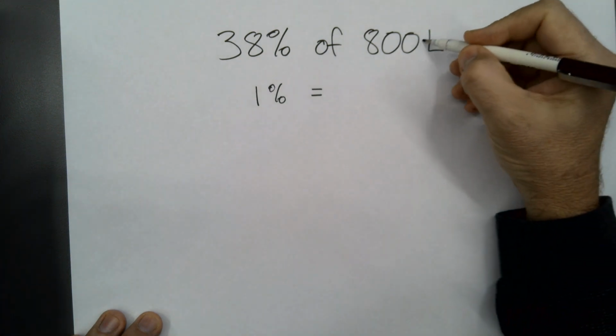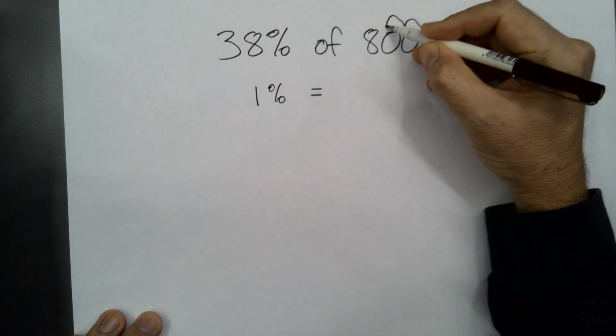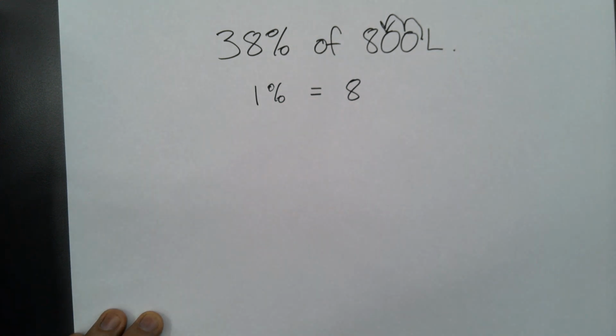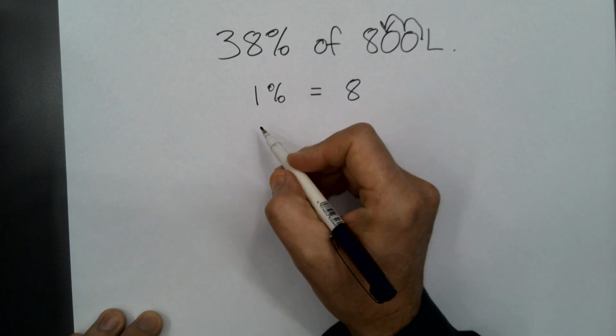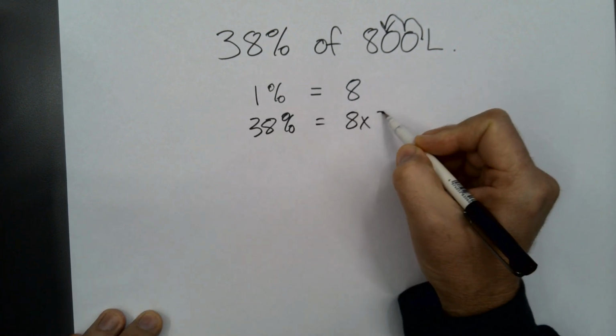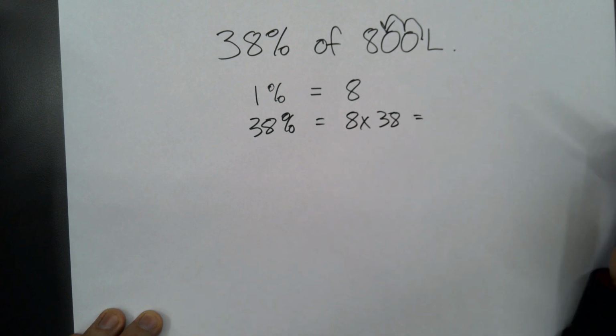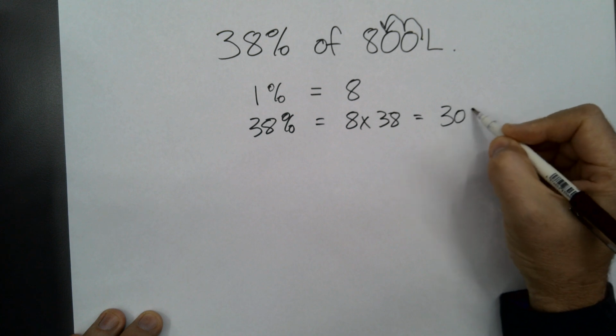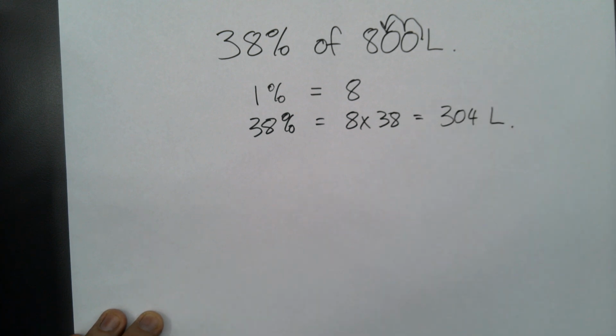You've just got to bounce the decimal point 2 places. So 8 is 1%. Well, I don't want to know about 1%. I want to know about 38%. So all I need is 38 of them. So 38% is just 8 times 38, which ends up being 304 litres. Done.